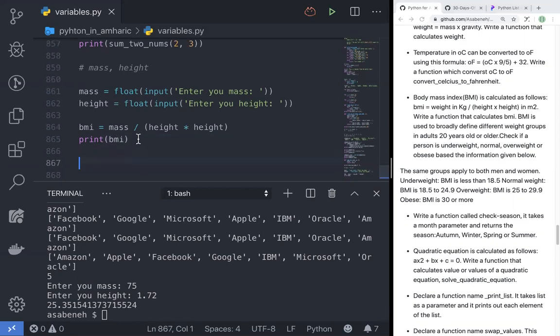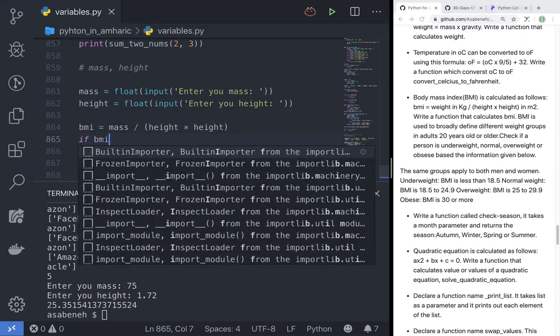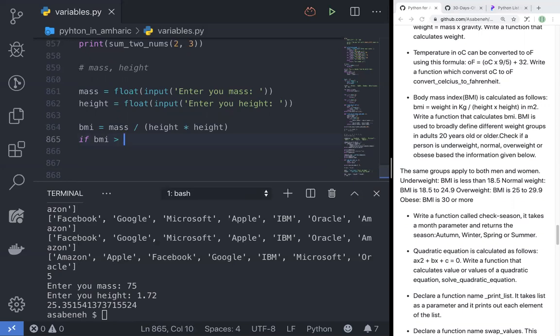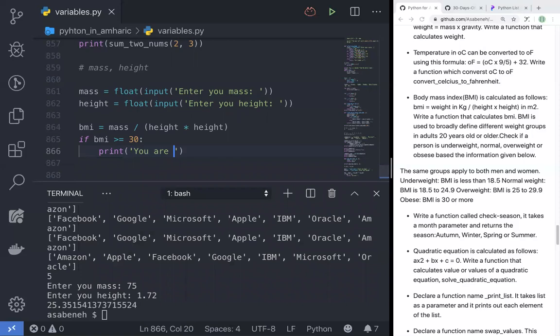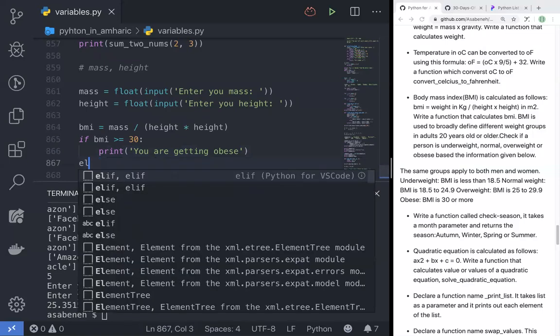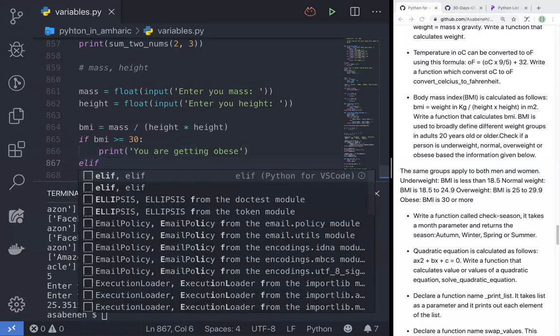What is the next step after this? If BMI is greater than or equal to 30, print you are getting obese. Else if, what's the next?